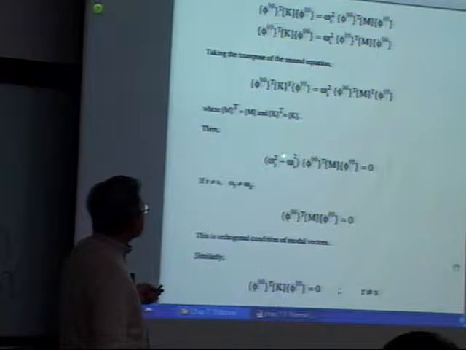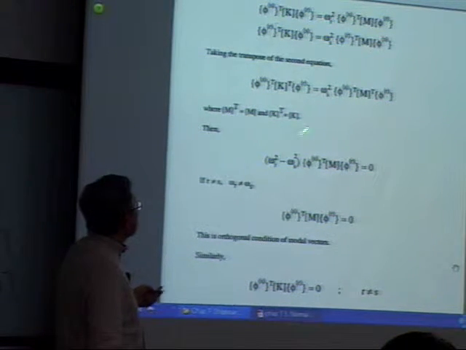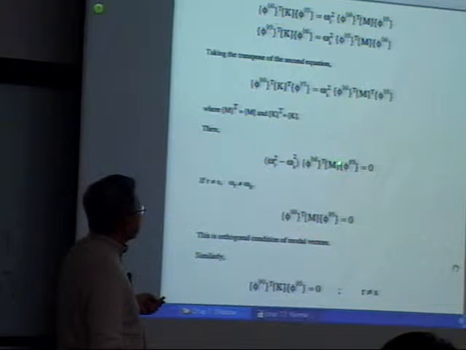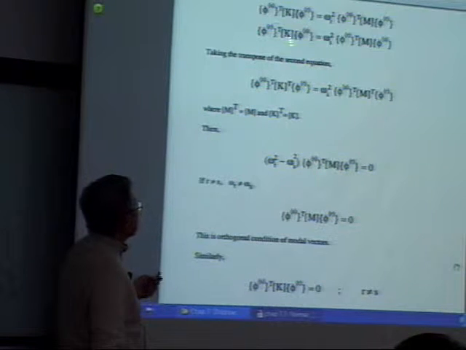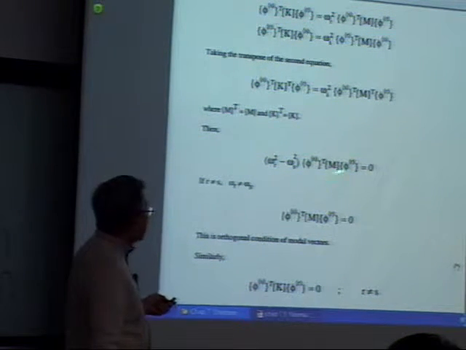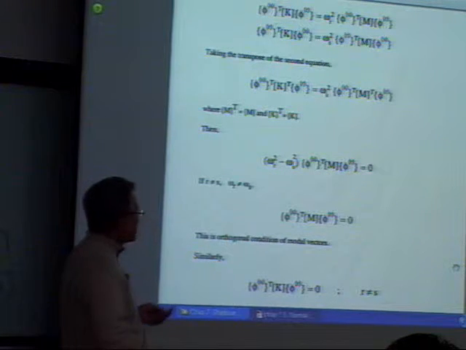And the right hand side is phi r, this is all the same. So omega r squared minus omega s squared. This guy is just a carryover down here. The left hand side is equal to 0. Then you will end up having that expression.